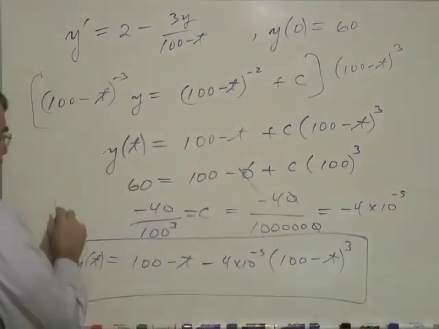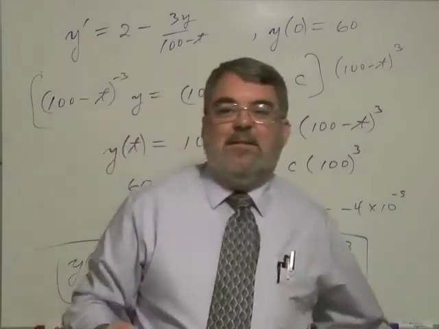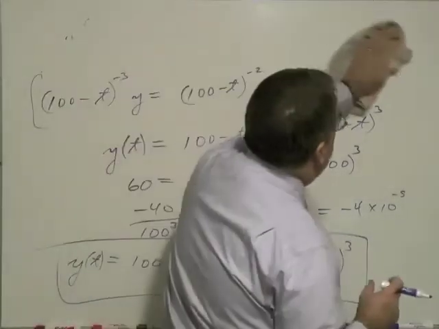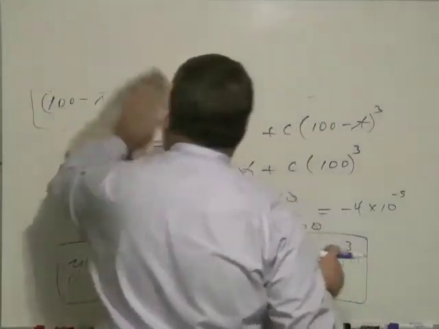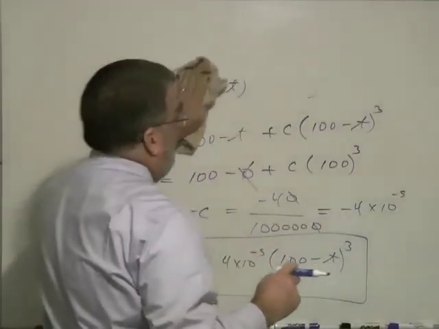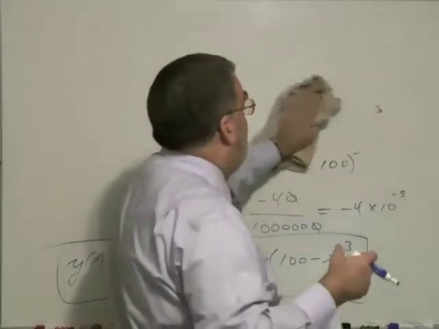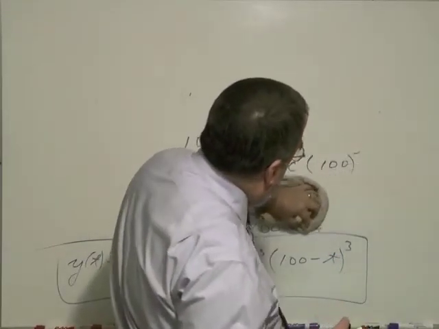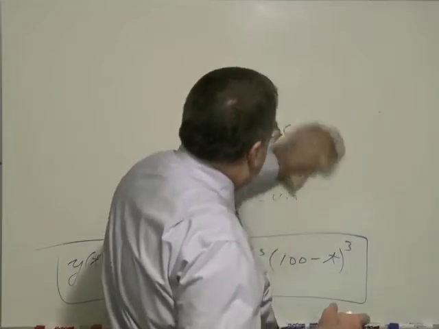So there's our equation that describes the amount of salt in the tank after t number of minutes. Now, the book also wants to know about concentration, and we know how much water is in the tank. So if we just divide the amount of salt by the amount of water, we'll get the concentration.